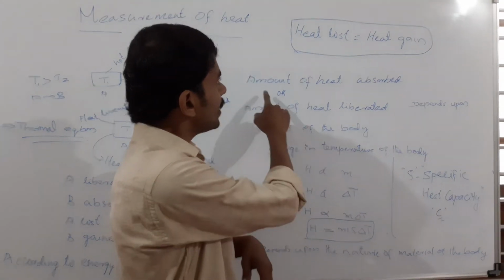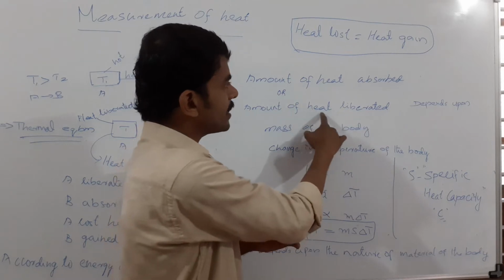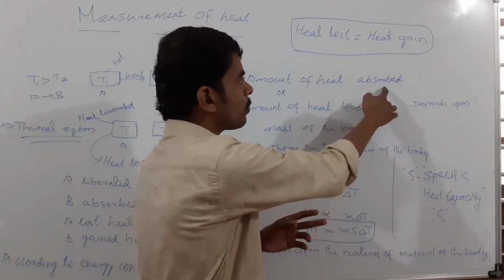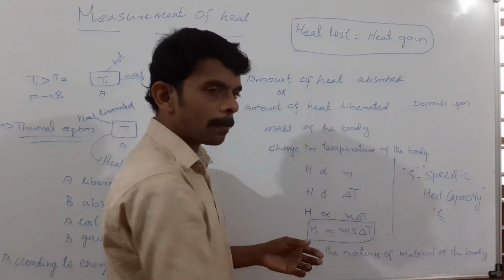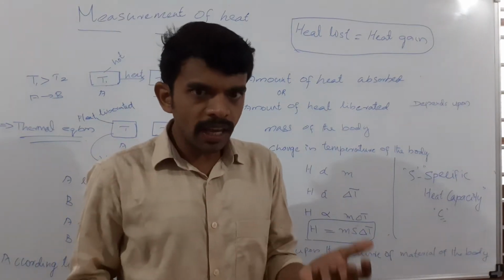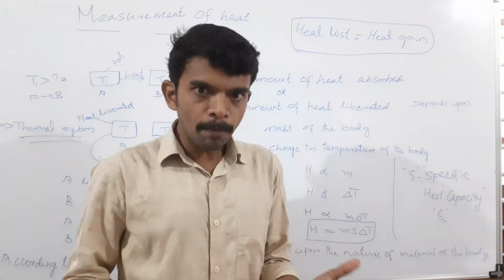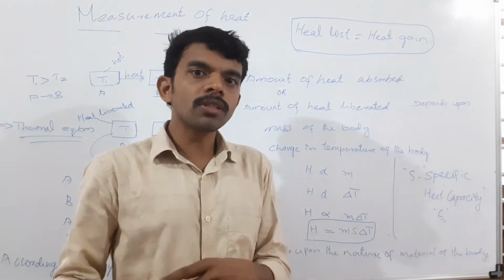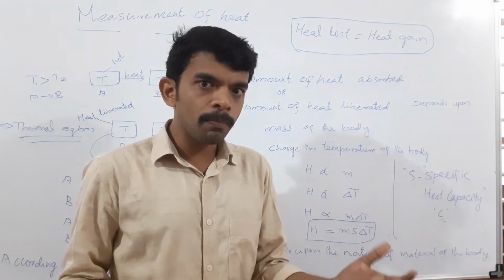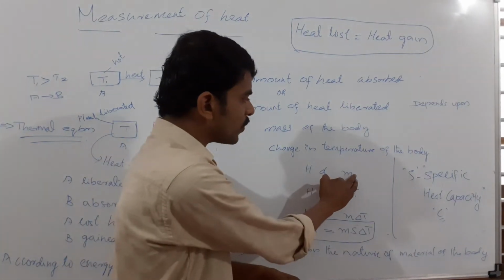Heat lost, liberated or absorbed by a body depends upon mass. Both A and B absorbed heat, but A absorbed more because of the mass variation.